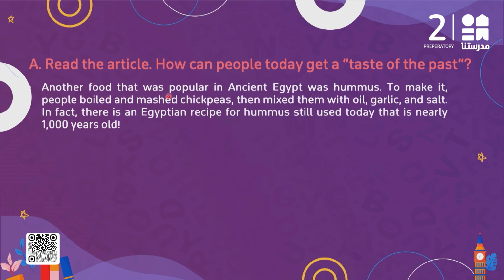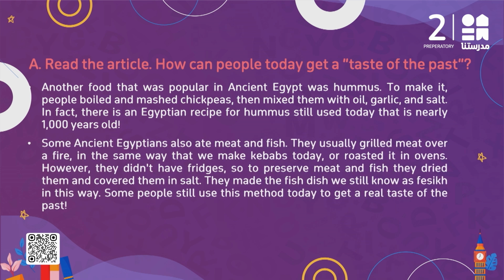Another food that was popular in ancient Egypt was hummus. To make it, people boiled and mashed chickpeas, then mixed them with oil, garlic, and salt. In fact, there is an Egyptian recipe for hummus still used today that is nearly 1,000 years old. Some ancient Egyptians also ate meat and fish.